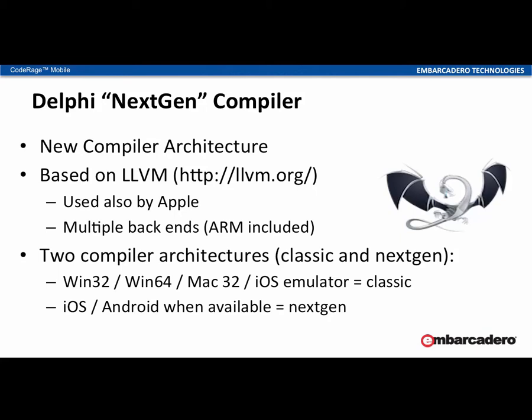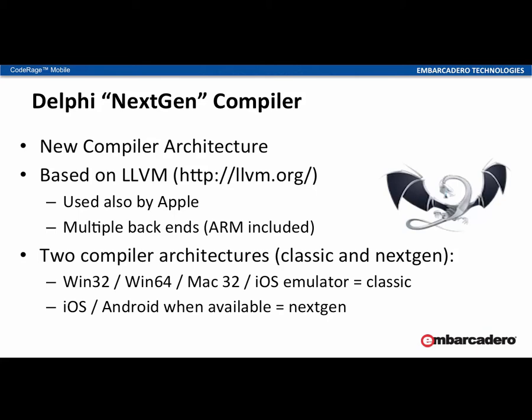The compiler is based on LLVM, an open compiler architecture also used by Apple in Xcode. It supports multiple backends, one of which, and the one we are currently supporting, is the ARM backend focused on iOS support. Of course, the same ARM backend will also be used in the future to build Android native executables.